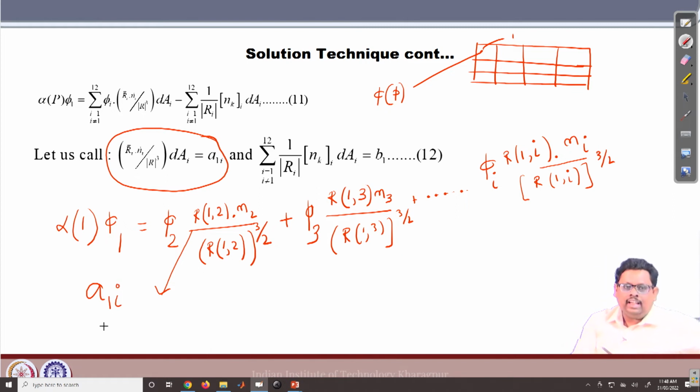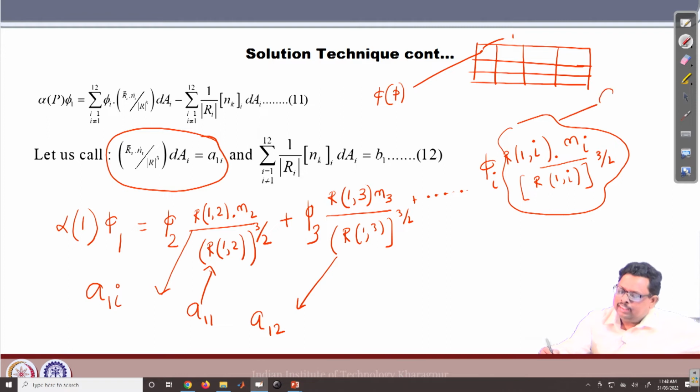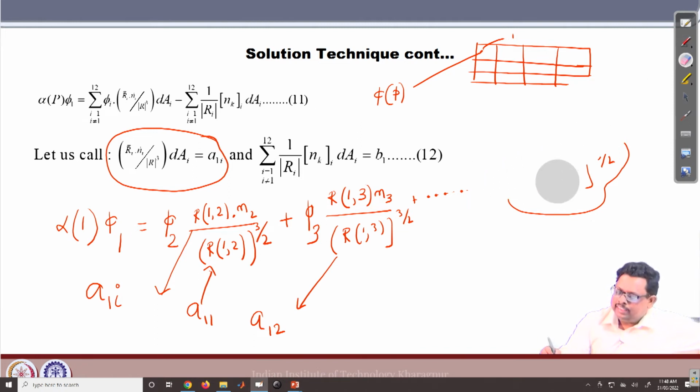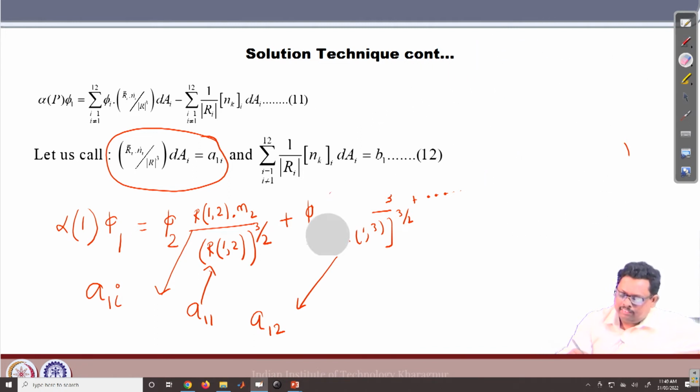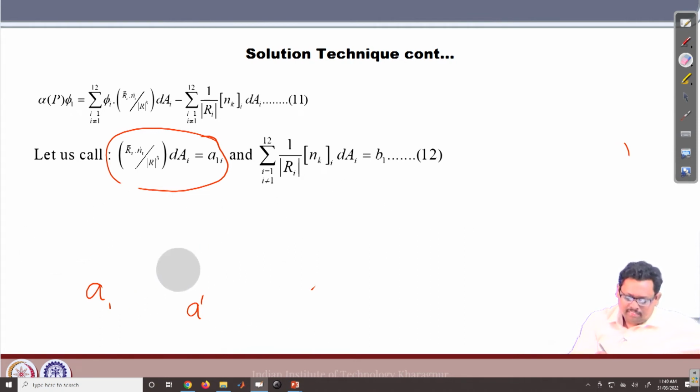Definitely A11 is this component, this component I can call A12, and then this component I can call A1i. This is the whole thing explained in a very short way. So, you understand the notation I am using when I call this integration A1i, right. Okay.